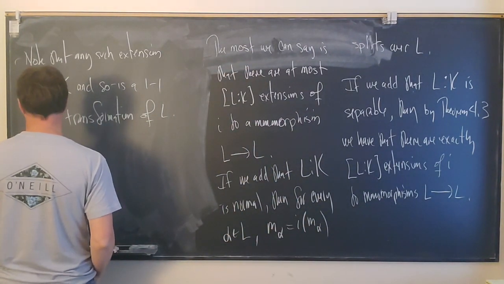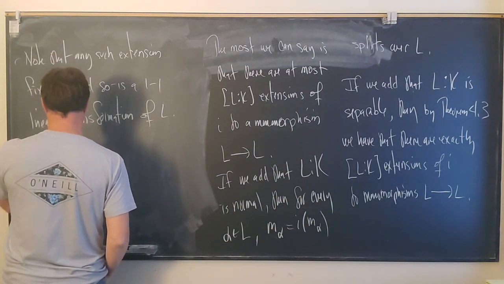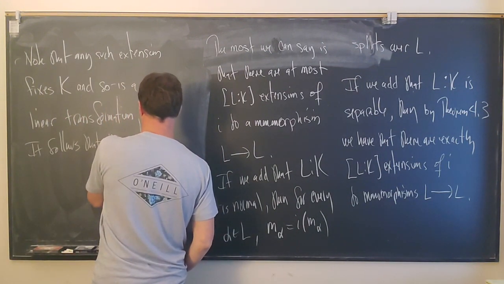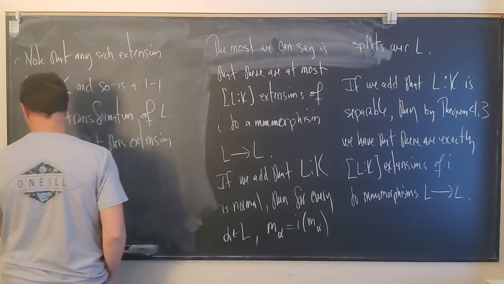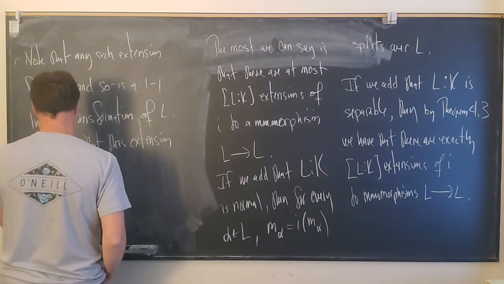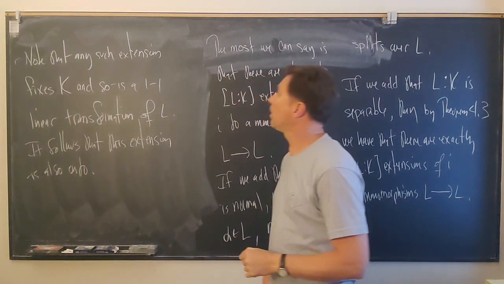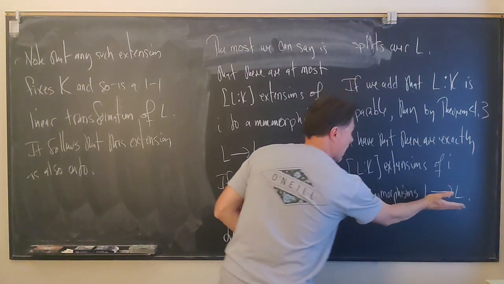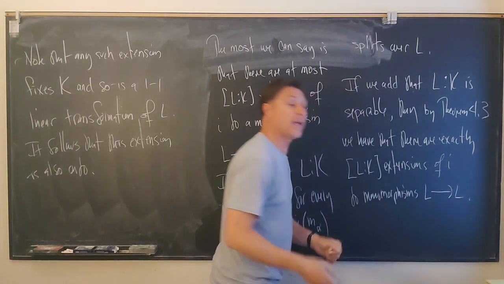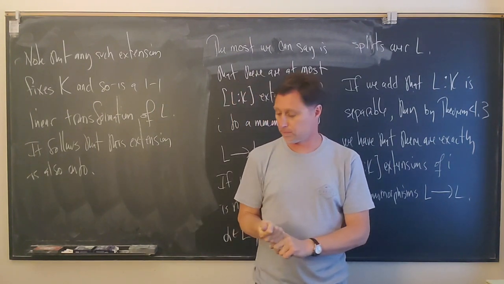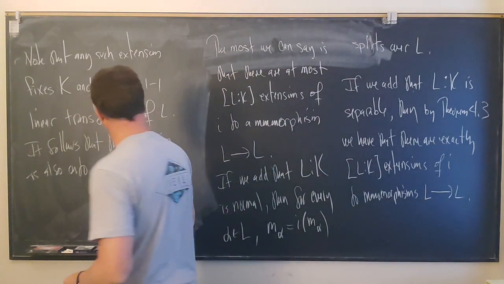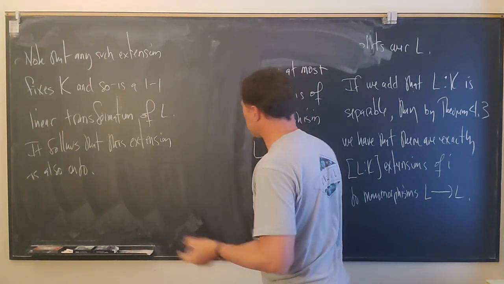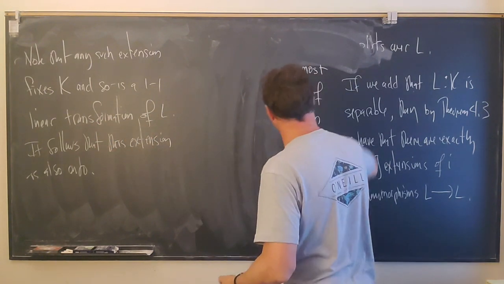So it follows that this extension is also onto. It means that any such extension of I to a monomorphism from L to L is actually an automorphism of L. Remember, an automorphism is a one-to-one homomorphism of the field to itself.